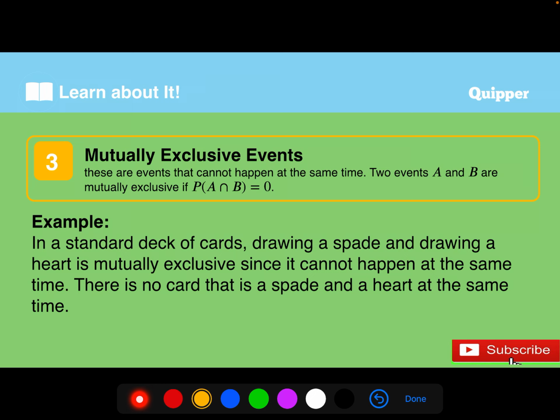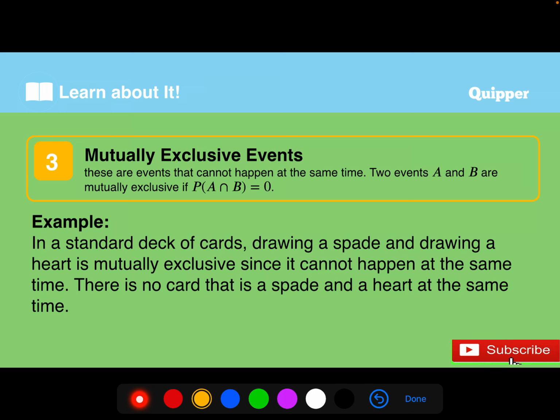Next, we have the mutually exclusive events. These are events that cannot happen at the same time. Two events, A and B, are mutually exclusive if the probability of A intersection B is equal to 0.